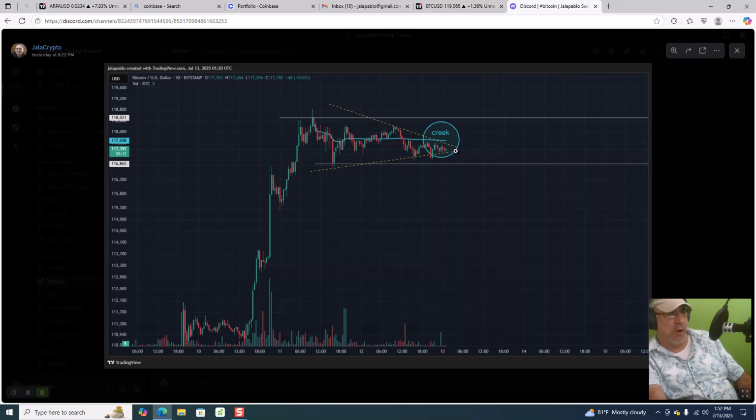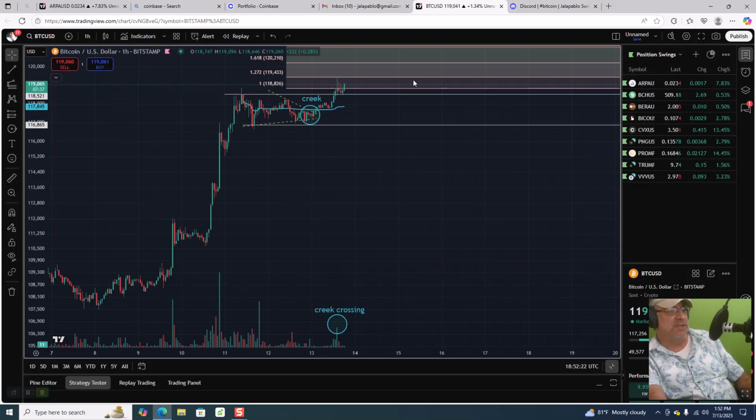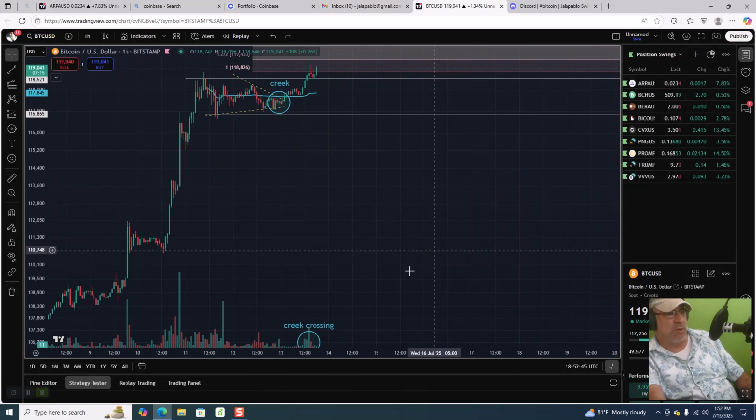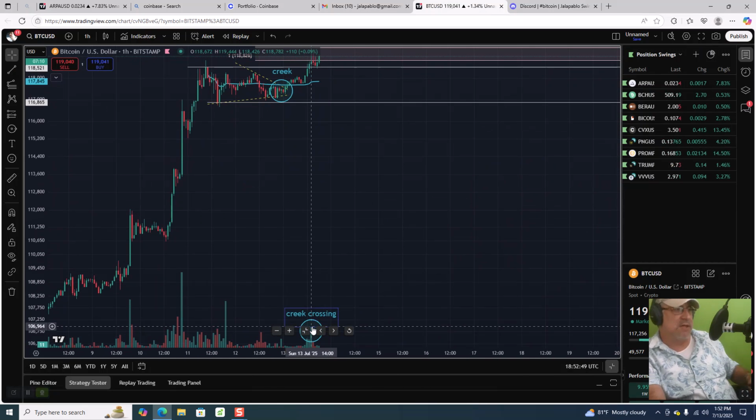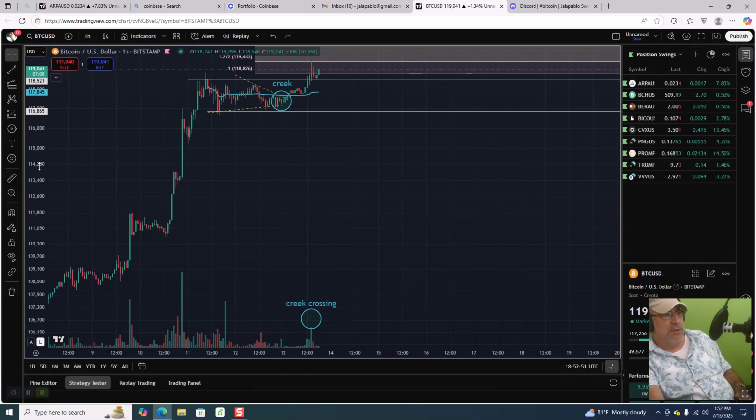This is right where it jumped. It jumped the creek. You see that right here. And so this is what we were looking for. And we had the volume too. We had the volume confirmation in the vertical bar. So that further supports the bias of reaccumulation.